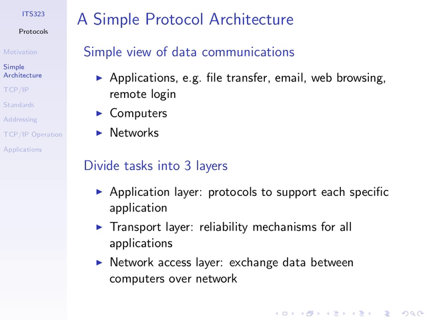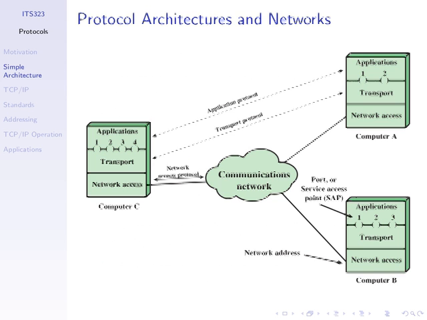So what we do is, for data communications, we break the problems into different subtasks, subproblems, and we create protocols that solve the individual subproblems and structure them in some layered approach. In this simple example, we have 3 layers: application, transport, network access. Just look at one of these blocks first. This is a protocol architecture.